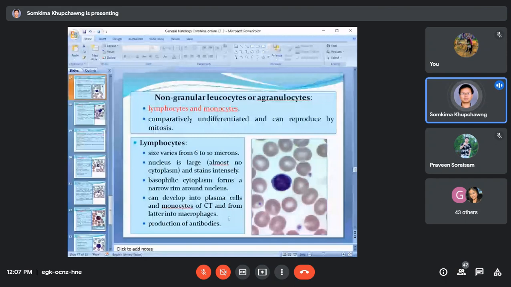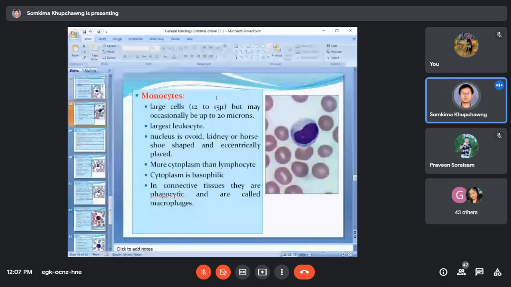Next, the monocyte. The monocyte is a large cell, 12 to 15 microns, but may reach up to 20 microns. That means it is much bigger than the RBC. By seeing the image we can see the size difference.